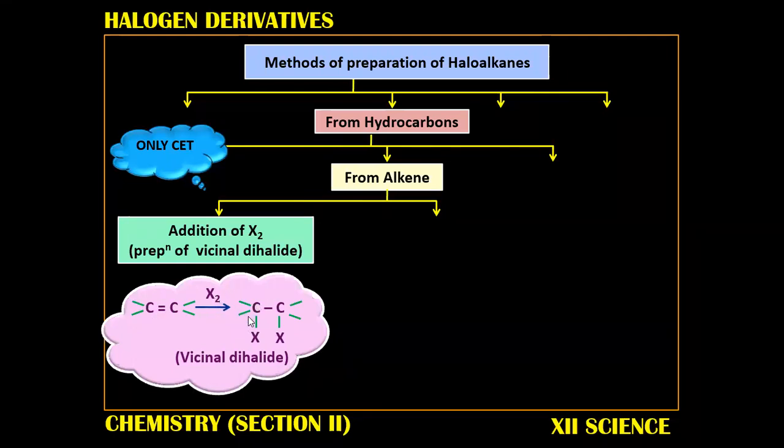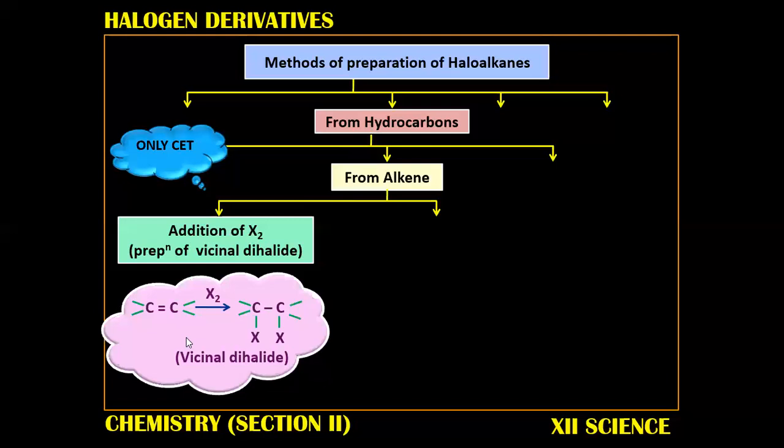When you add halogen to an alkene, the halogen gets attached to both the carbons. As both the halogens are adjacent to each other, they are called vicinal dihalides. Now I'll give you an example for this reaction.